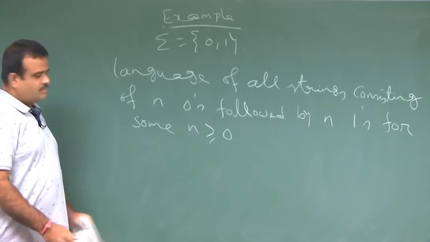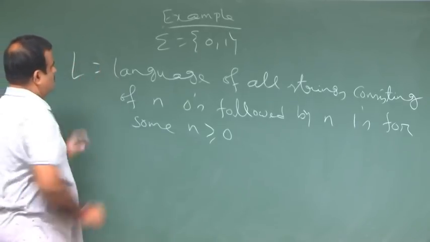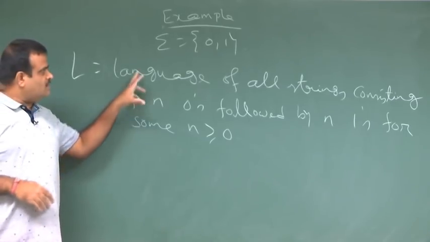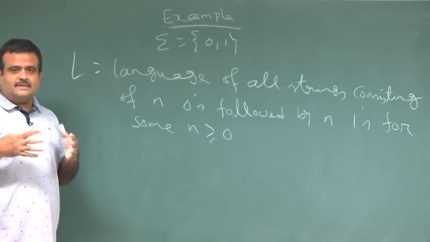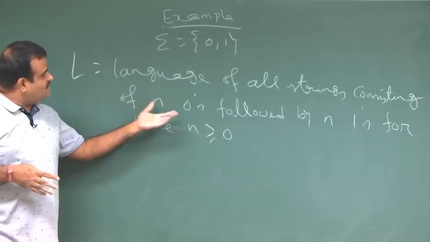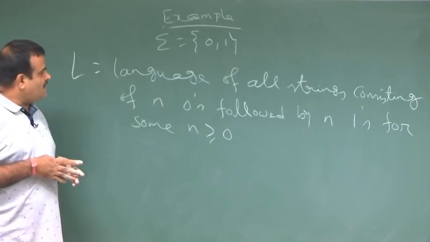Okay, so this we have to understand. We defined a language like this. We know the language is a collection of strings. Now, what is the property of the string? The property is it should have n zeros, then followed by n ones.